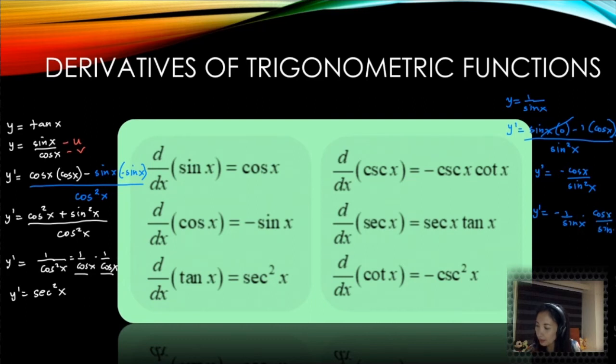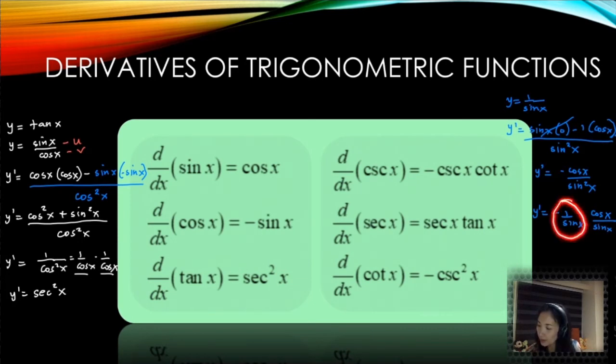Okay? 1 over sine x times cosine x over sine x. But what is this fraction?